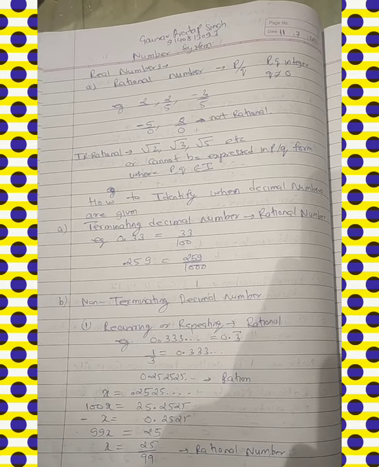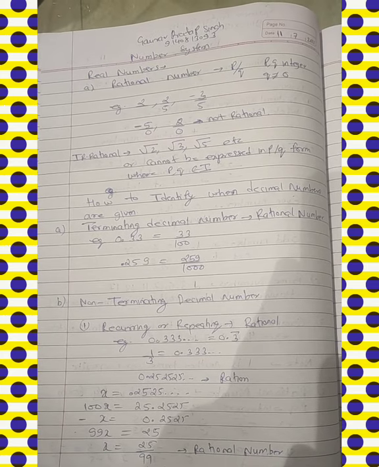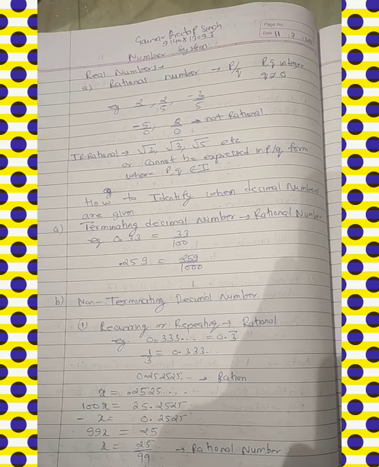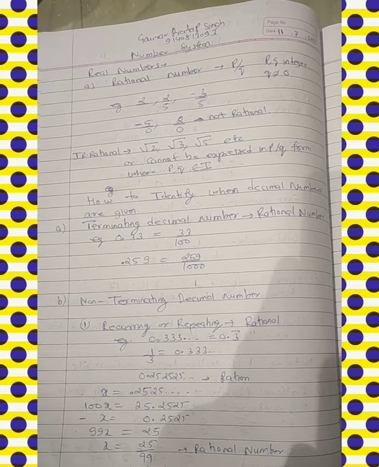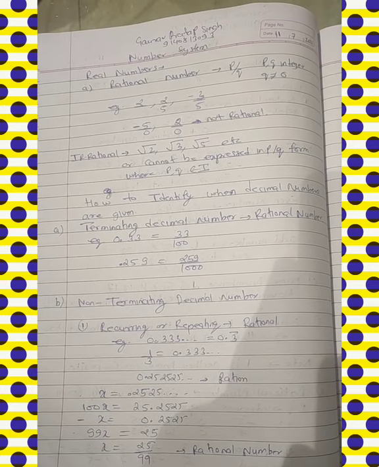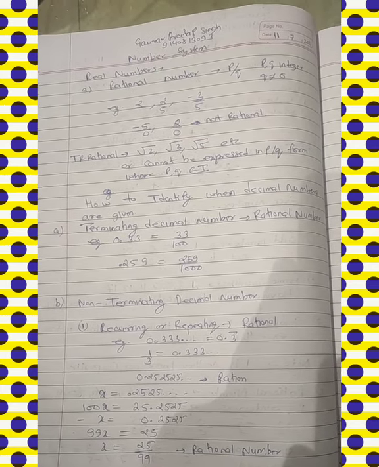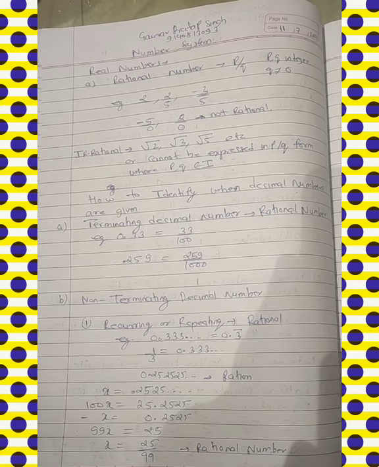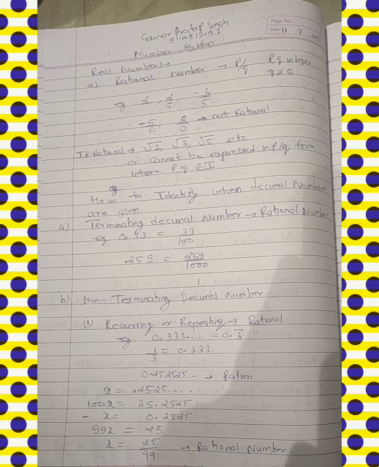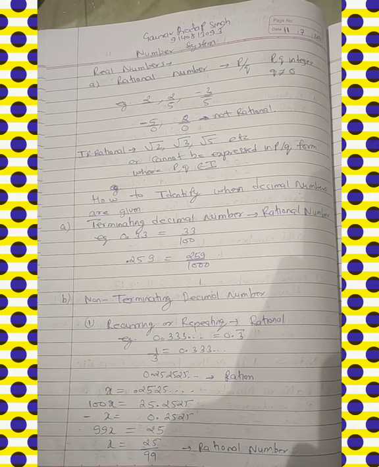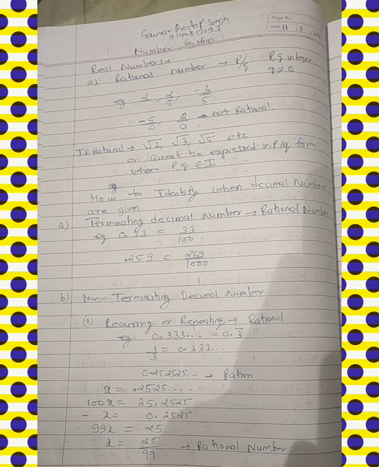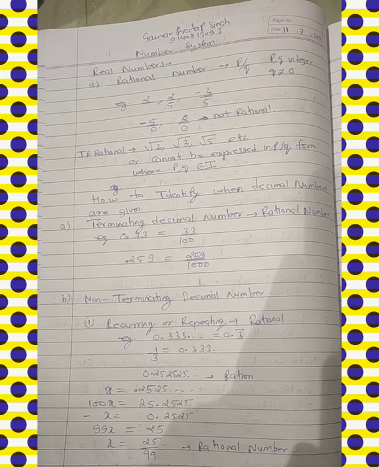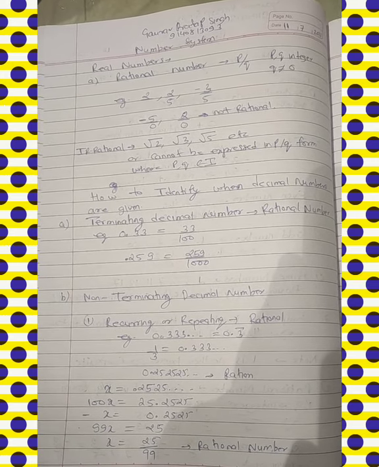So how do we show that it is a rational number, in the form of p by q? Such a question comes in exams: express x, which is 0.2525 and so on, in the form of p by q. We see how many digits are repeating, that is, how long the repeating pattern is. In 0.25, both digits 2 and 5 are repeating.